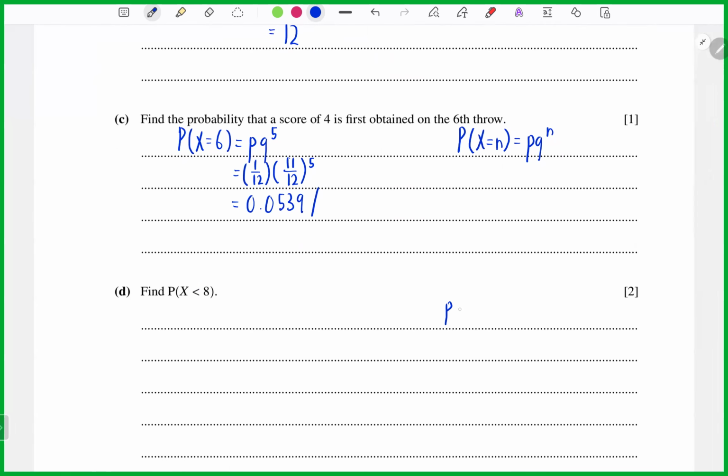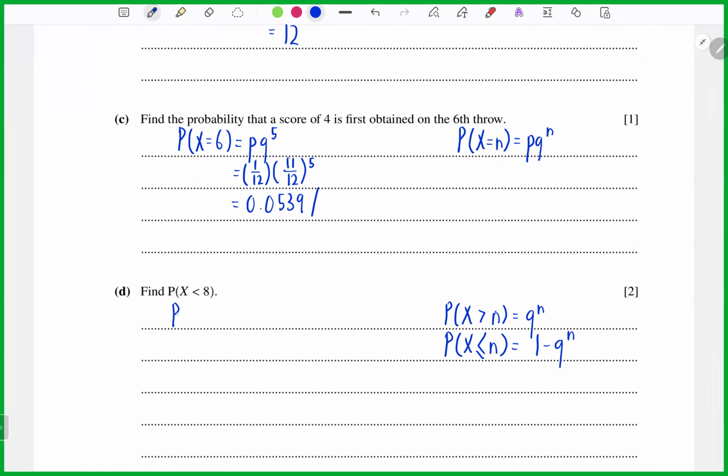Okay, for this, we also know P(X more than n) equals q to the power n, when P(X less than or equal to n) equals 1 minus q to the power n.